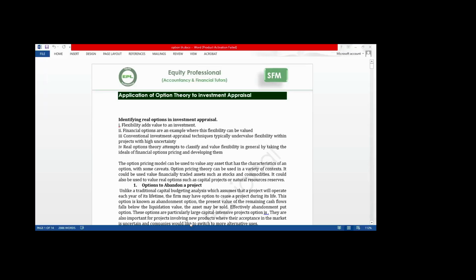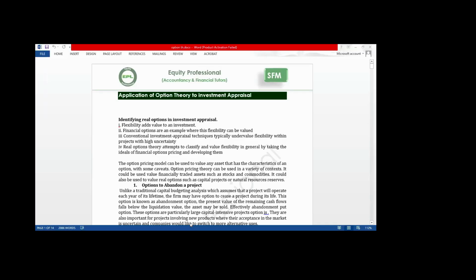The option theory enables us to value financial flexibility. Financial flexibility that is available in investment projects. What is this financial flexibility?